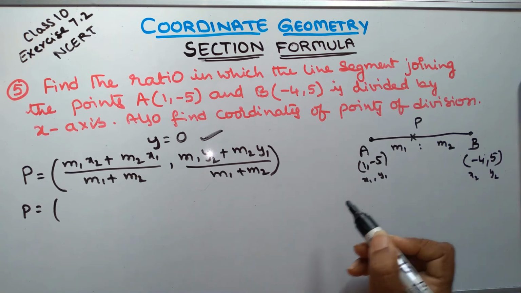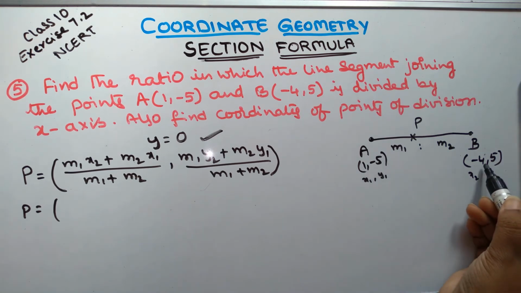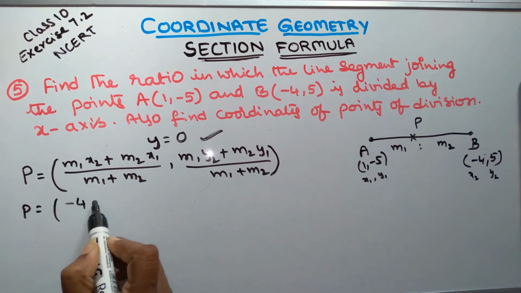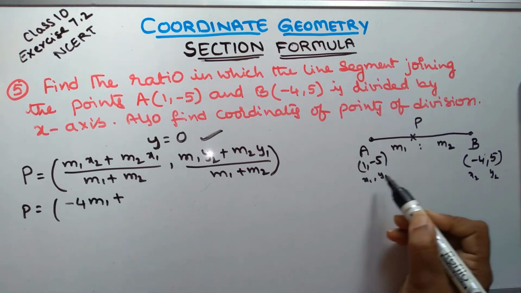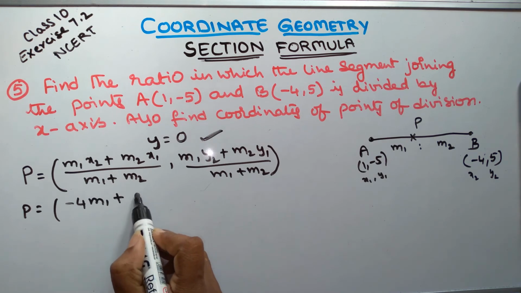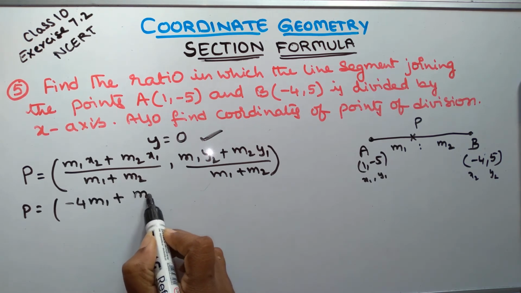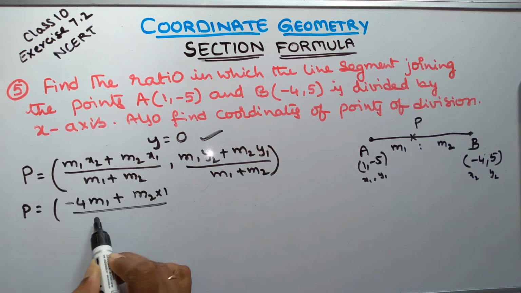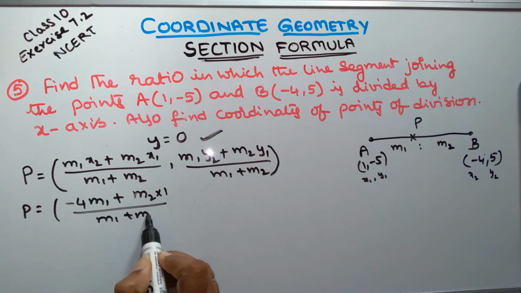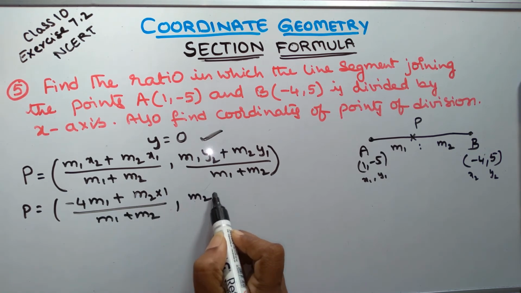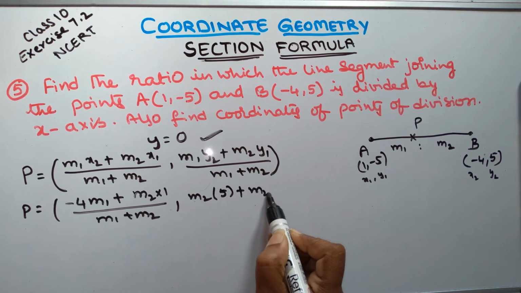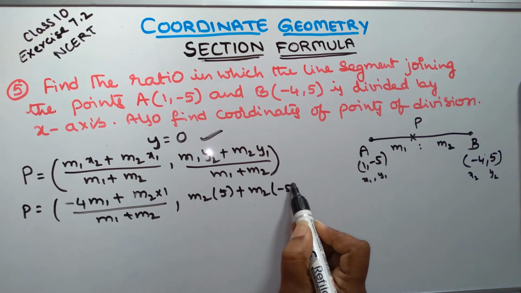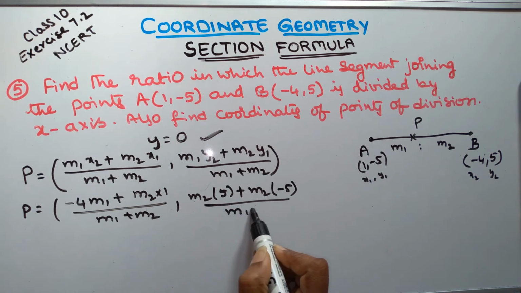This becomes M1 into x2, that is -4 M1, plus M2 into x1, x1 is 1, that is M2 into 1, by M1 plus M2, comma M1 y2, y2 is 5, plus M2 y1, that is -5, by M1 plus M2.